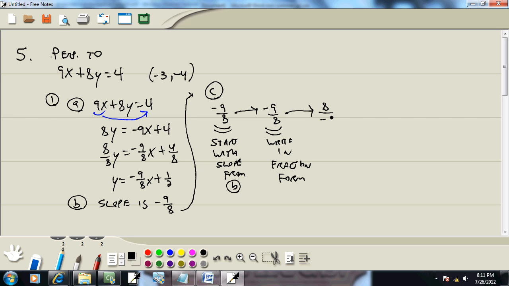So top goes to the bottom, bottom goes to the top. This is a reciprocal. And then we're going to change its sign. It was a negative, so it becomes a positive. So the m we're trying to find is going to be 8/9. Now, it's pretty easy once you get going with these because if it's in fraction form, you just flip it and change the sign.